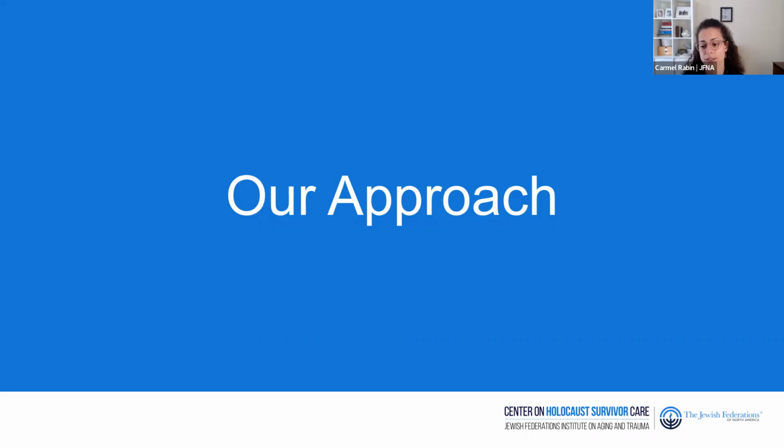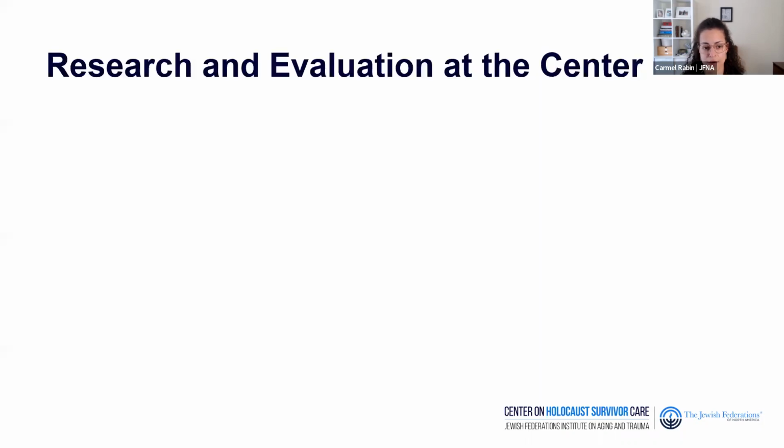Our second goal is to increase the capacity of aging service providers across the United States to provide that care to Holocaust survivors, older adults with a history of trauma, and their family caregivers. The second goal is really focused on skill building and increasing knowledge on PCTI care. I bring up these 2 goals because these are the focus of our research and evaluation activities at the Center.